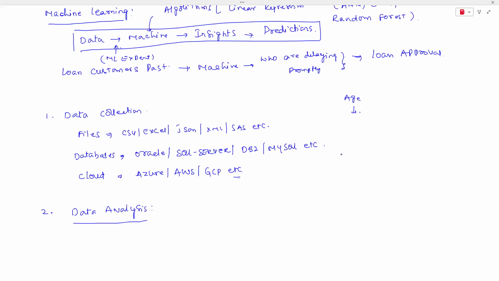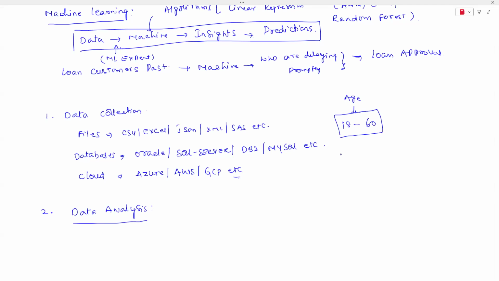For example, if you want to give a loan to a customer, the minimum age must be 18 years. The maximum may be 60 years of age, they will give the loans. So first of all, we have to verify whether this age is between 18 and 60 only. That means we have to verify whether the data is in a proper range or not.